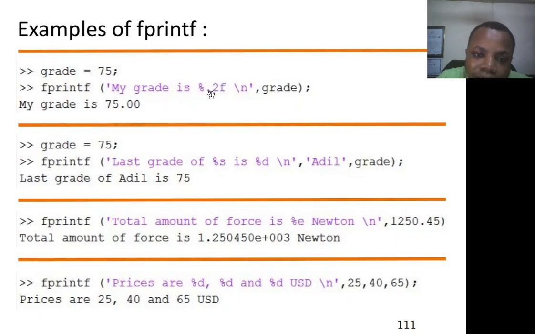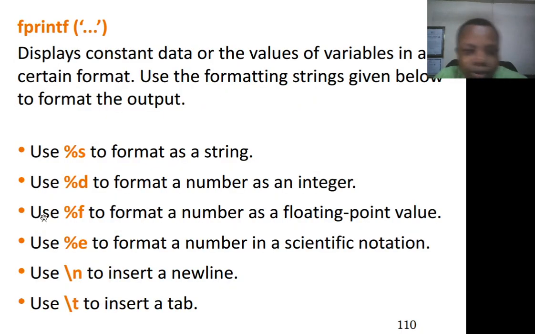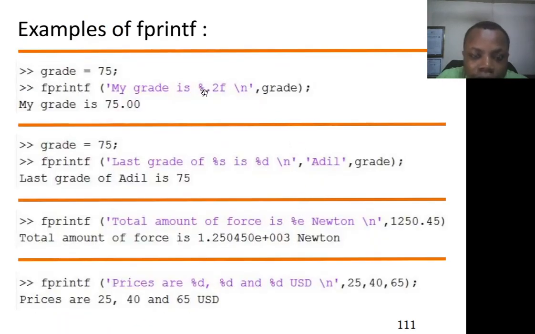Remember, anytime we see the % sign and f, we are saying that it should format to a floating point. Looking at it, you can see that we have 0.2, meaning that it should convert everything to a floating point of 2. And after everything, it should move to the next line.